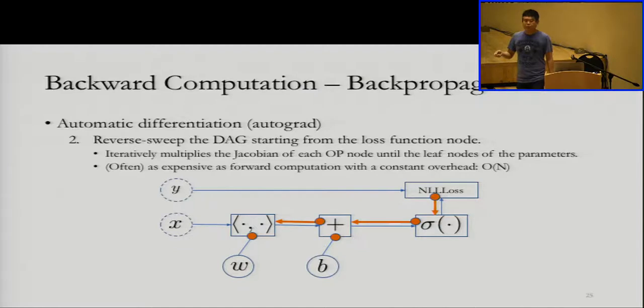Then it's going to start from the final node, the loss node, and pass its gradient back. At each computational node, this node is going to multiply its Jacobian with this passed gradient and then pass it back to the previous ones. And eventually you automatically get the gradients of the loss function with respect to the parameters.